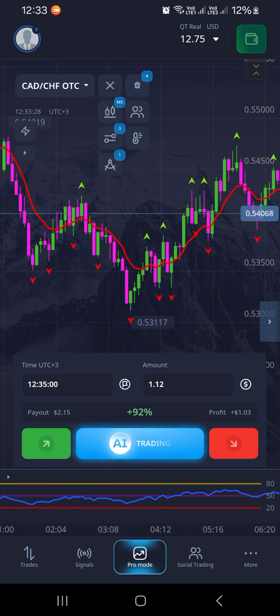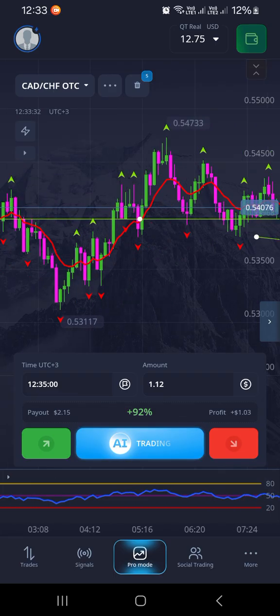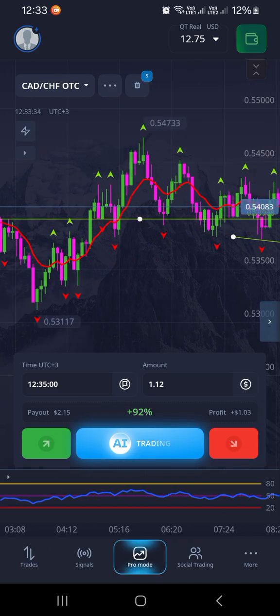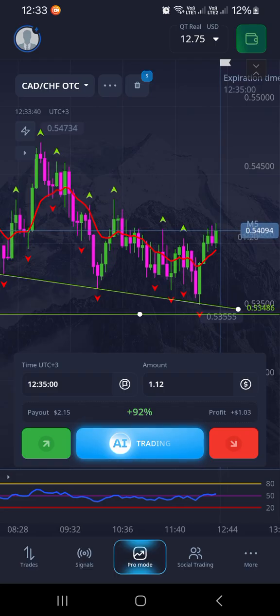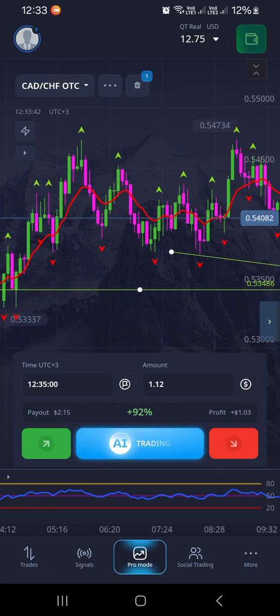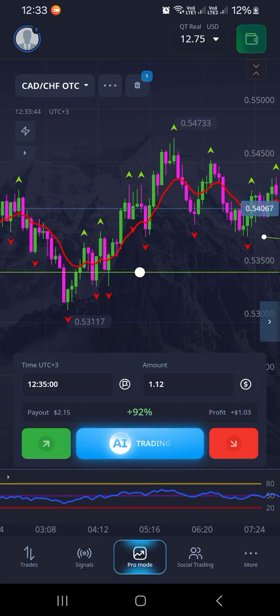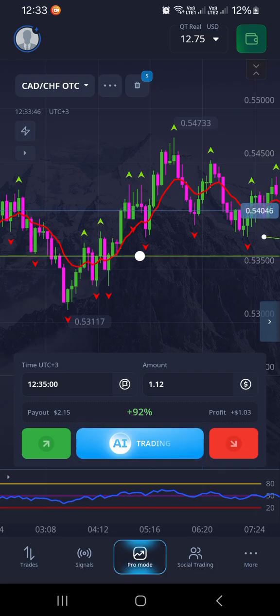When you come here, this was very fantastic. Remember, this is an engulfing pattern, guys, and engulfing patterns give strong levels.